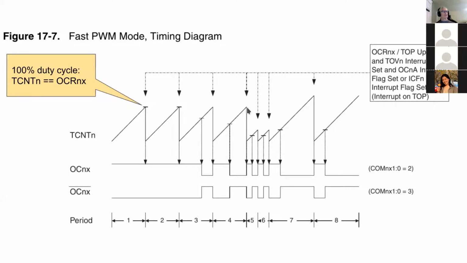And it keeps doing this, at least at first. And the output compare, we've set our output compare register equal to the max value here. And so it's 100% duty cycle. It never turns off. The counter just resets.